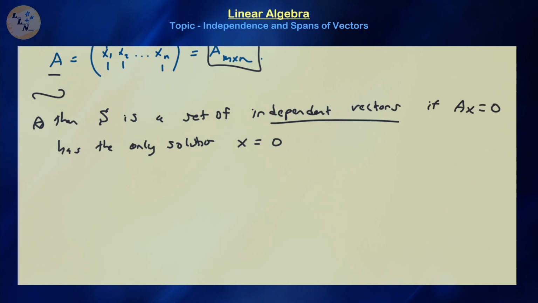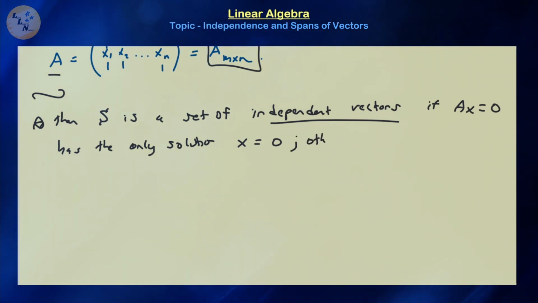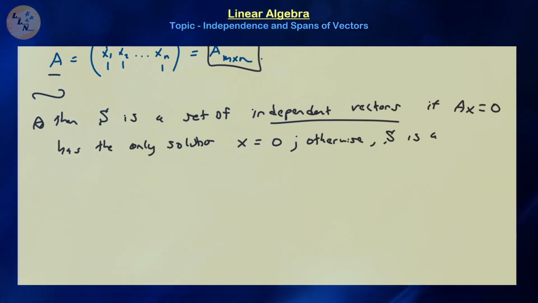Keep in mind 0 is a vector. Then we say that the set of vectors S is a set of independent vectors. Otherwise, S is a set of dependent vectors.